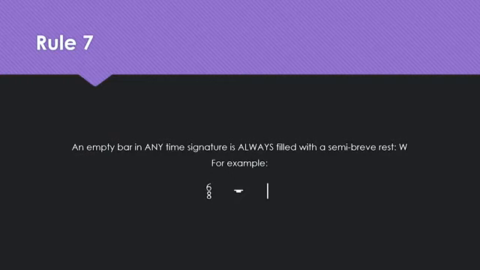So for example, in 6/8 time, where you're actually dealing with 6 quavers in a bar or 2 dotted crotchets in a bar, if we were to total that up, it would be equal to 3, not 4. But for convention's sake, we'll use a semi-breve rest to indicate that a whole bar, if it's empty, is completely empty. You have to use a semi-breve rest.